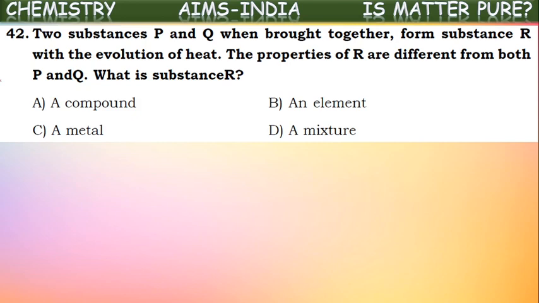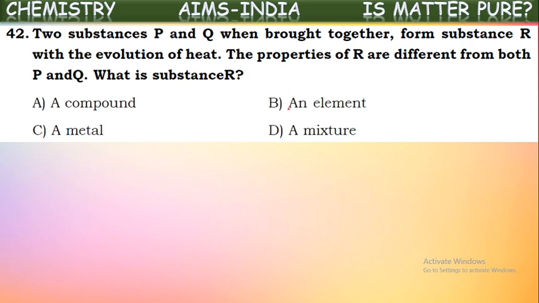Generally, this complete process represents a chemical reaction and the formation of a new product. So then it will not be a mixture. When two different substances combine together to form a substance R, that is said to be the formation of a compound, because they're telling here the properties of R are completely different from P and Q. So it happens only in the case of compound formation.